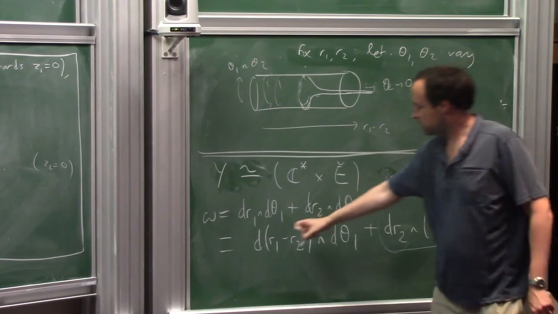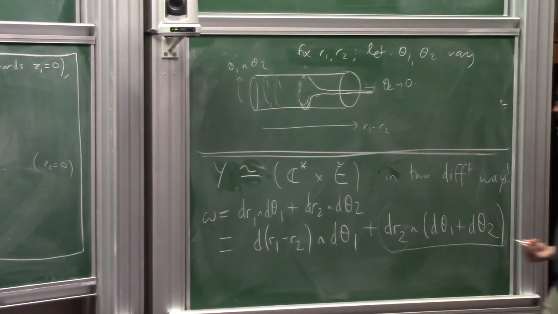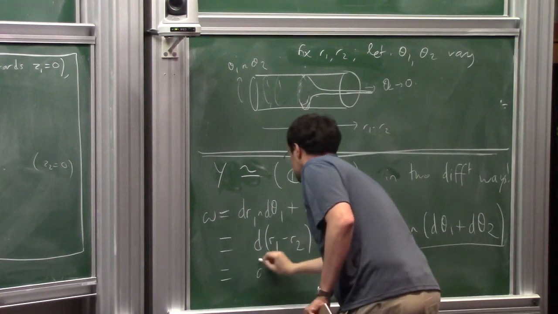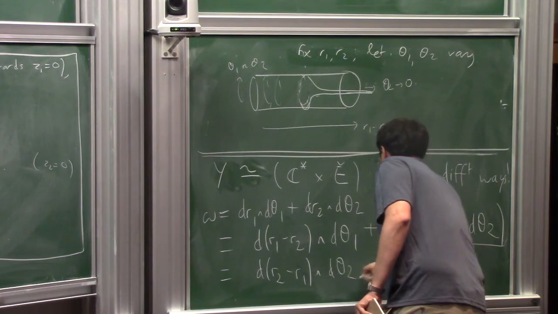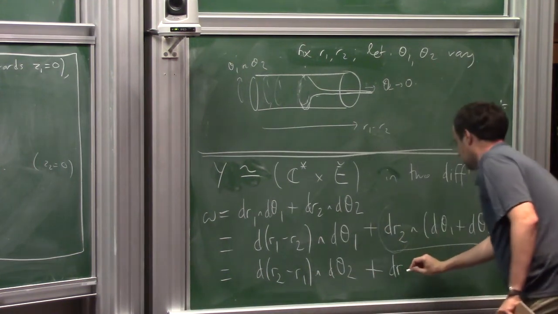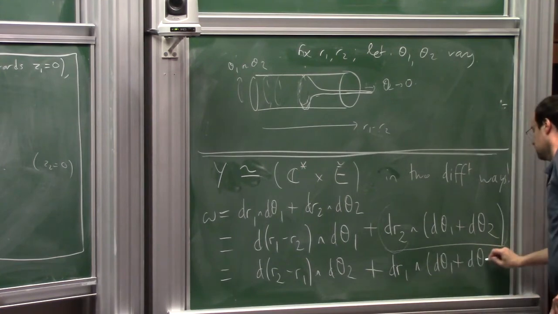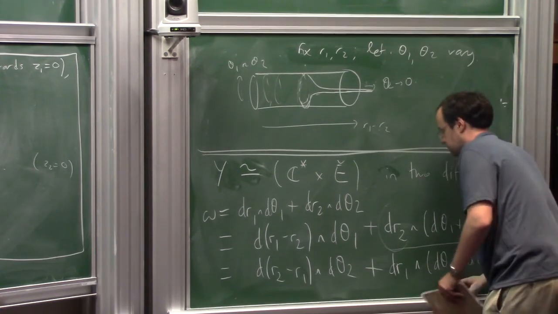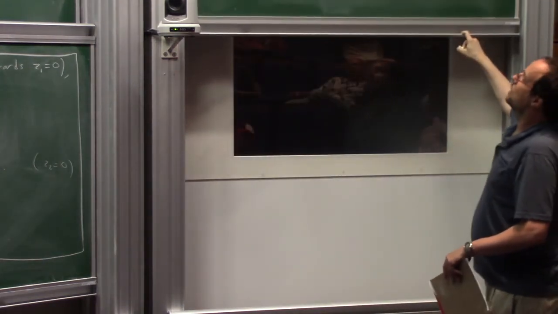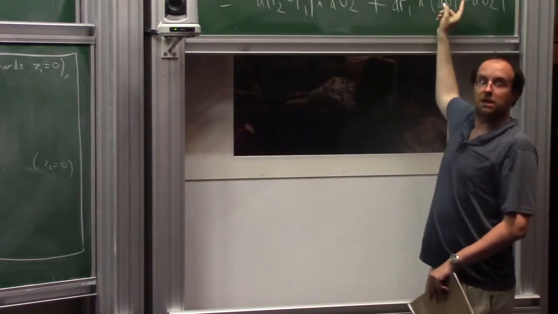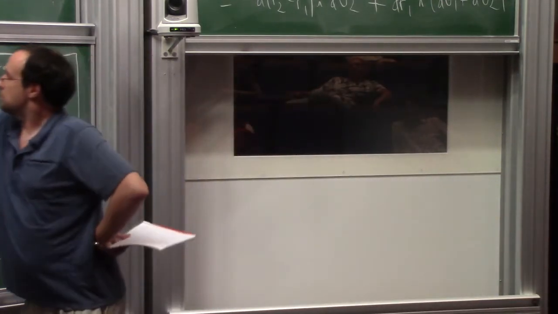And this one is a cylinder with coordinates r1 minus r2 and theta 1. Or I can do the opposite: d(r2 minus r1) wedge d theta 2, plus dr1 wedge d(theta 1 plus theta 2).